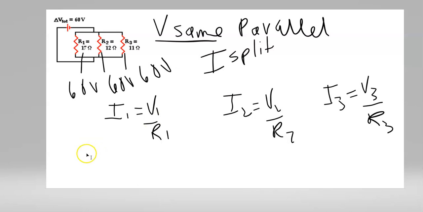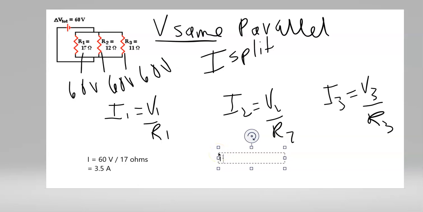I is equal to 60 volts divided by 17 ohms. That's my first one, 60 divided by 17, which is 3.5 amps. So that's number one.